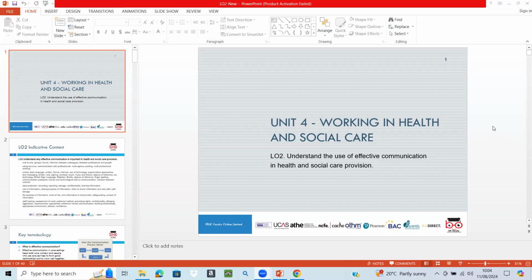So, throughout this learning outcome, we will unpack the various forms of communication, understanding that it's not just about the exchange of words, but about how those words are received, interpreted, and acted upon by the client, service user, patients, and their families, and the colleagues we work with.